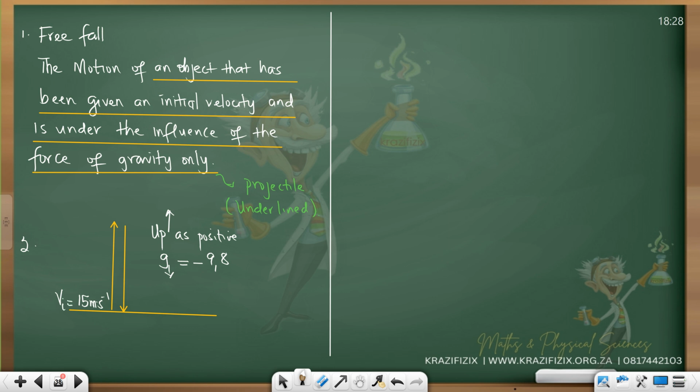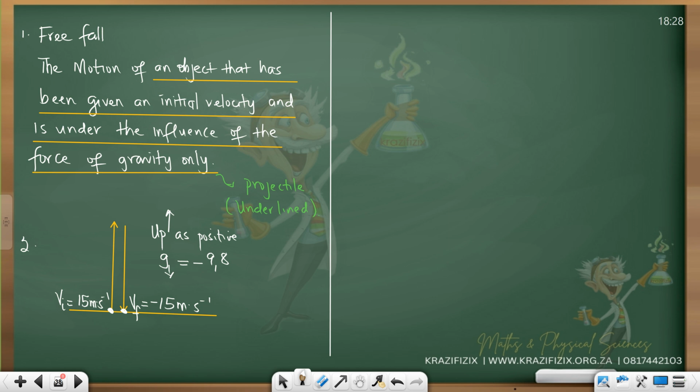And according to vertical projectile motion, if it's from this level back to the same level, what do you think the final velocity would be? Negative what? 15. Please let me know if I've lost you. If I lose you here, then we need to sort it out quickly. Please give me a thumbs up if you are okay. It's 15 because it is at the same what? Level.